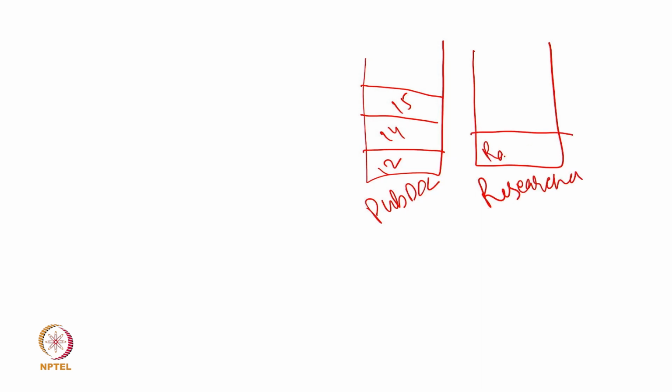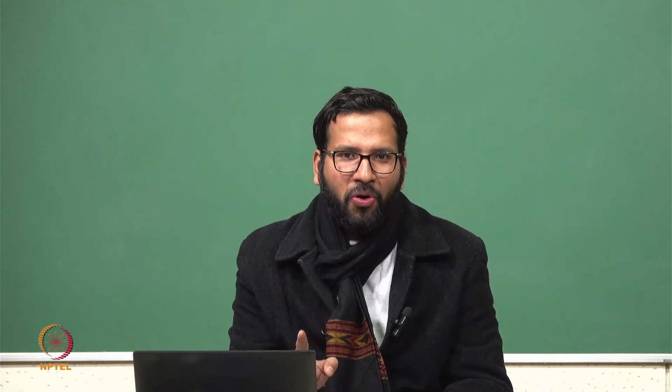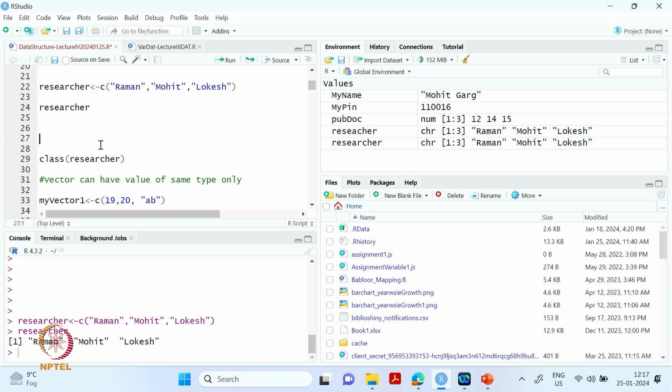Then this is Raman, Mohit, Lokesh. So until now, what we have done here is we have created two objects. One is pubdoc and another is researcher.